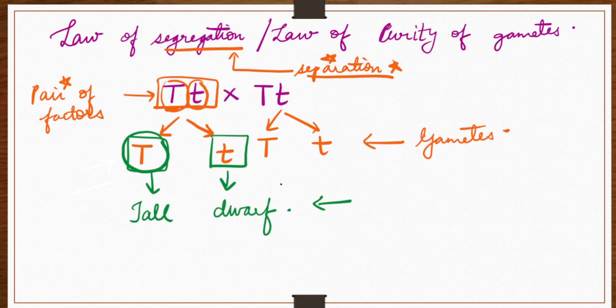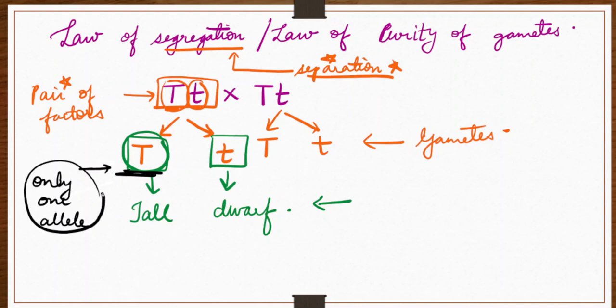So it is carrying only one allele. How many alleles is it carrying? Only one allele, and this one allele will give one effect. So we say that gametes are pure.